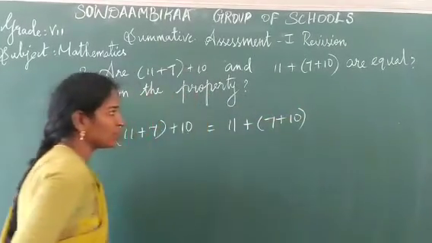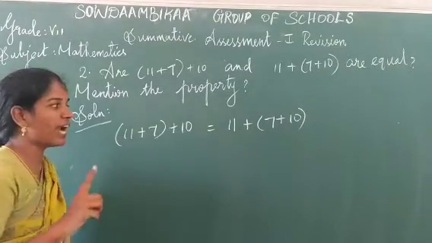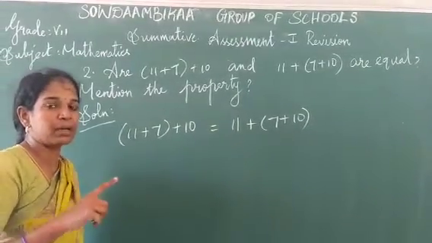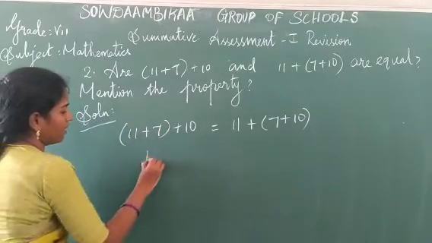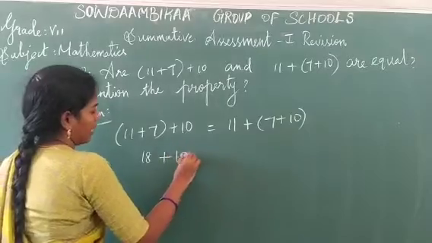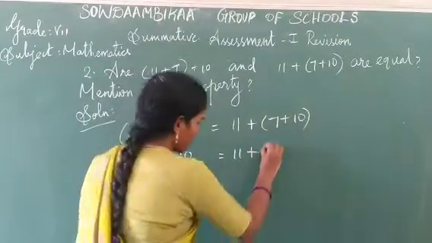Now we have to check whether they are equal or not. First we must put a bracket because you follow the BODMAS rule. 11 plus 7, 18, plus 10 is equal to 11 plus 7 plus 10 comes 17.